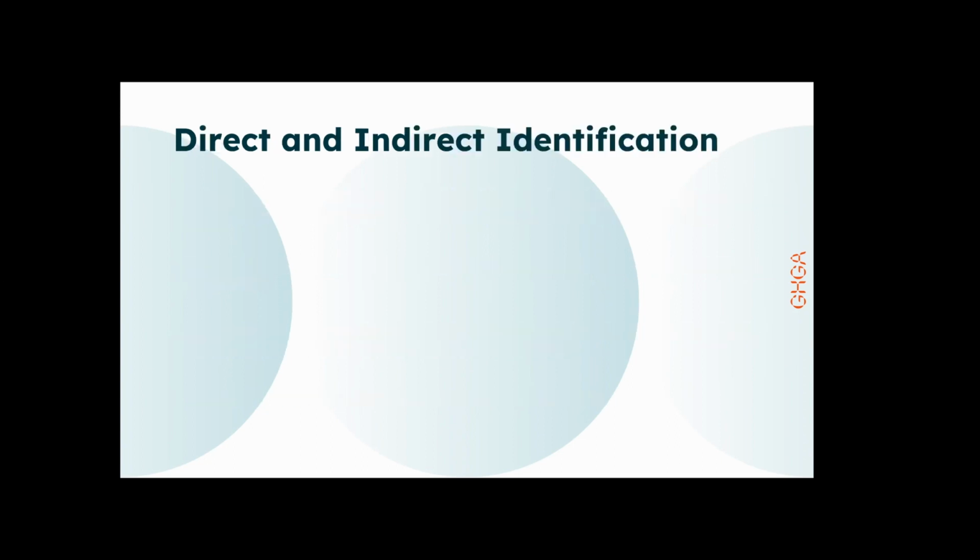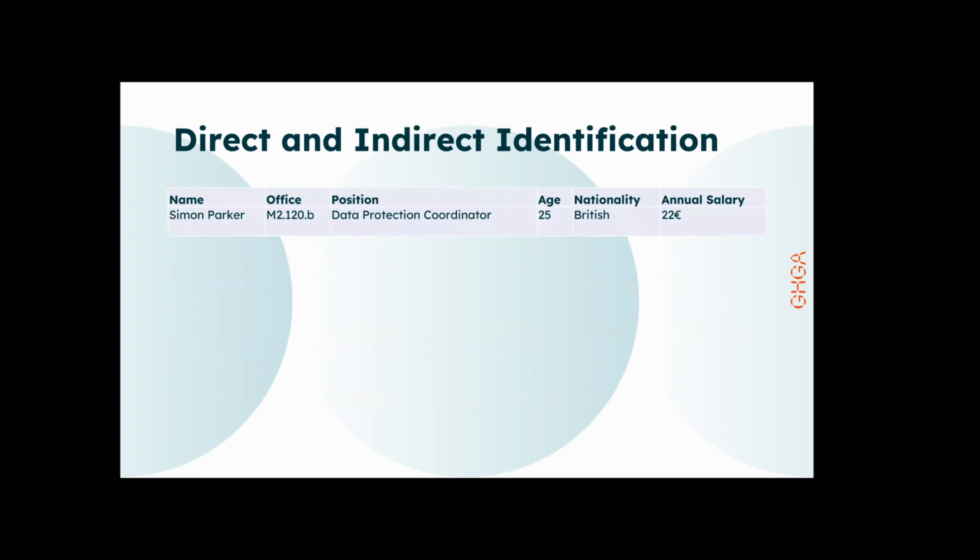So, direct and indirect identification. If we had a data set that looks something like this, you can very clearly see we've got a name, an office, my position, my age, not really, obviously, and my annual salary. It's very easy to identify someone from this data because we've got these direct identifiers. If, however, we only had this information, suddenly it becomes much harder to identify someone, but not impossible.